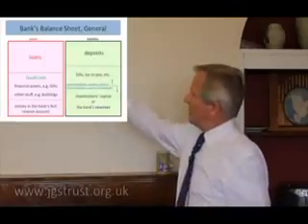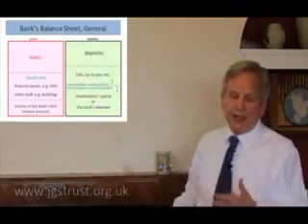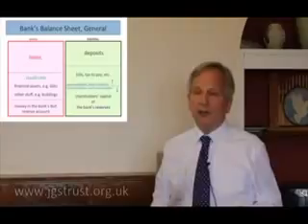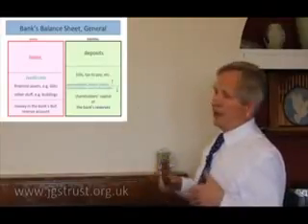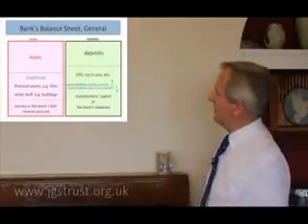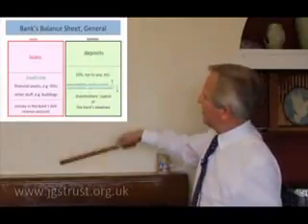Assets, financial assets: the banks tend to buy gilts, which are IOUs from the British government. It's a favourite asset of banks. And obviously the nice buildings that you see, and the cars and so on and so forth.